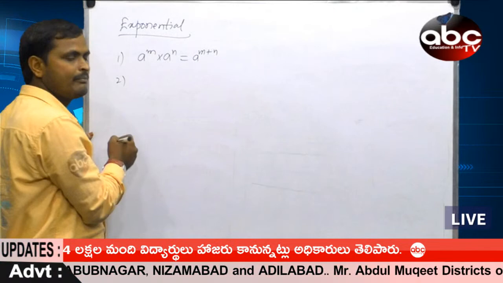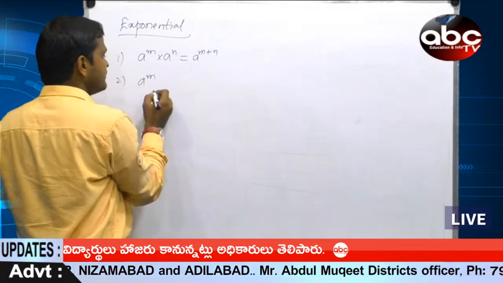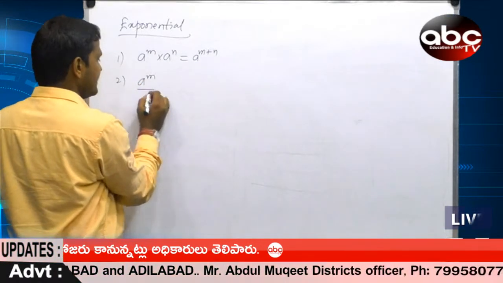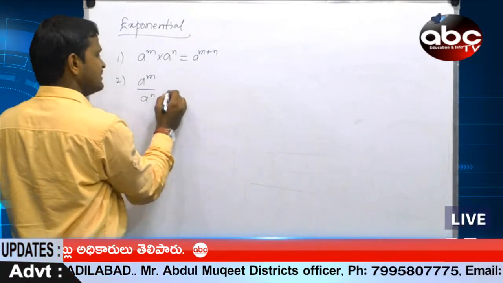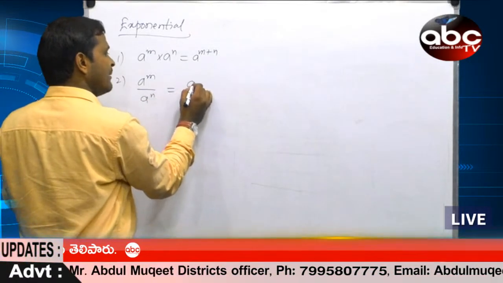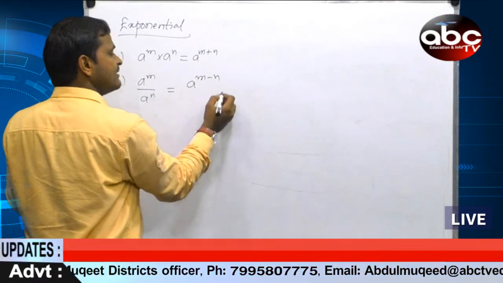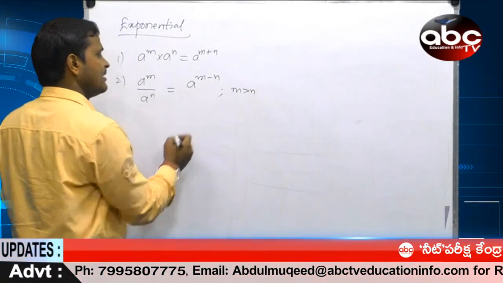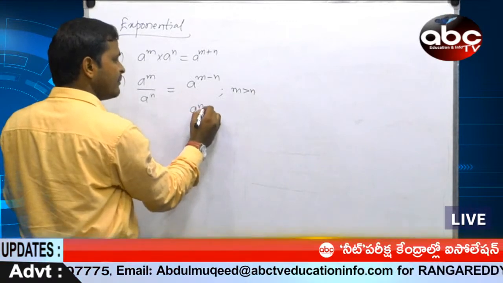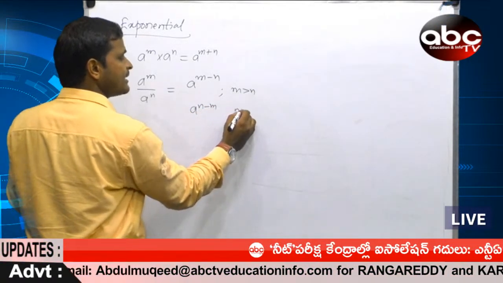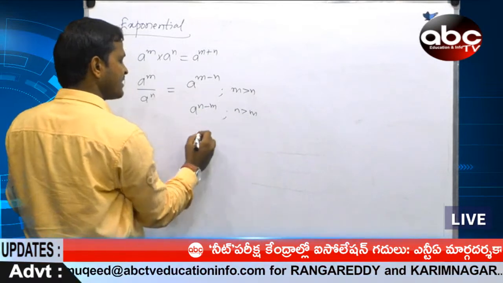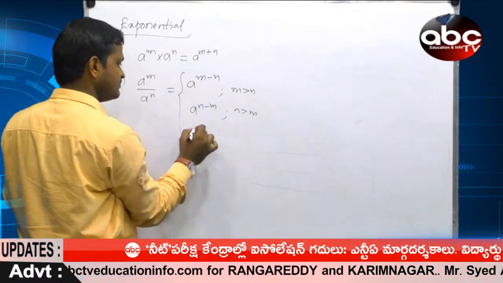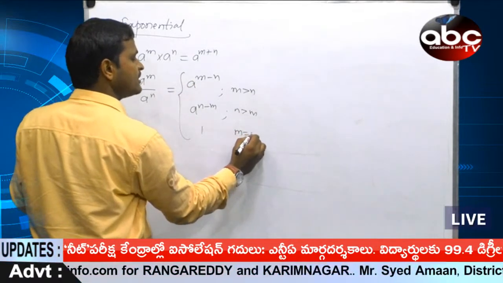Second one, a power m by a power n. We get here a power m minus n where the condition is m greater than n, or a power n minus m where n greater than m, or 1 when m is equal to n.